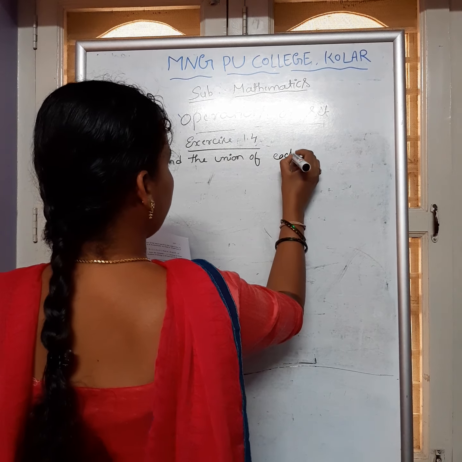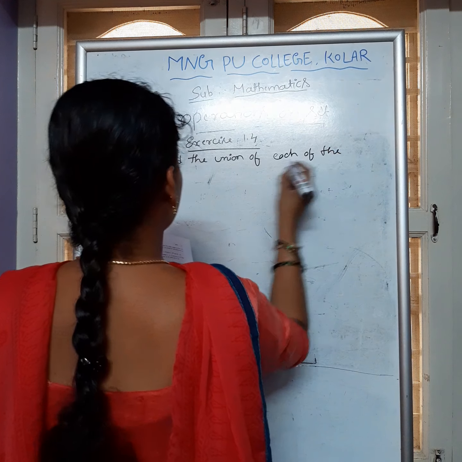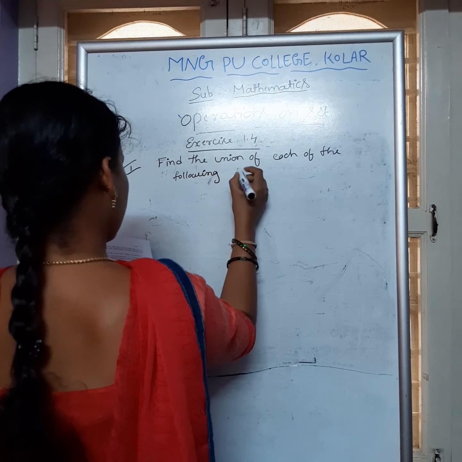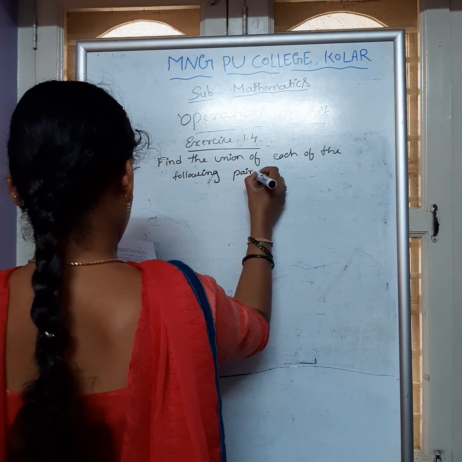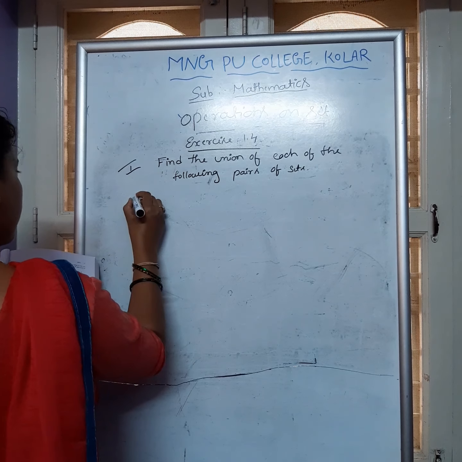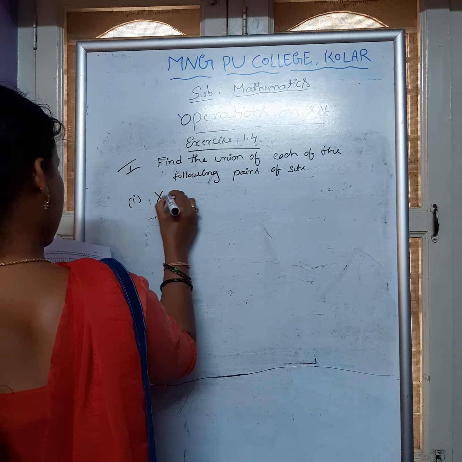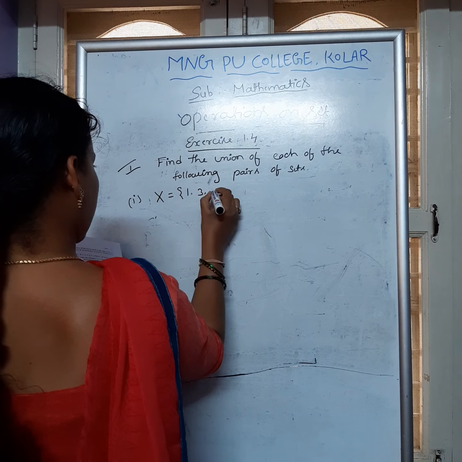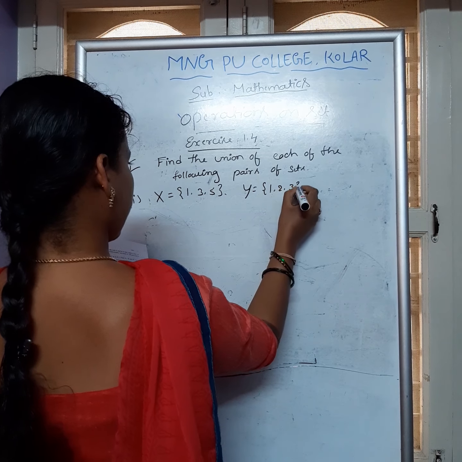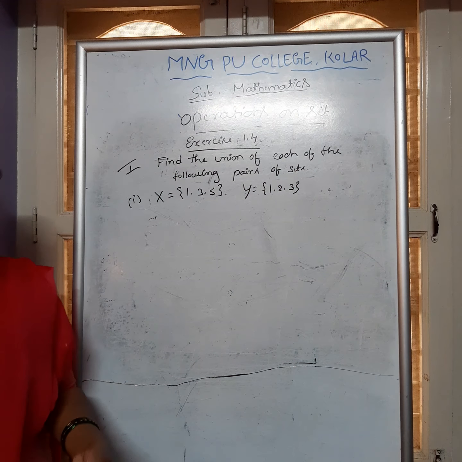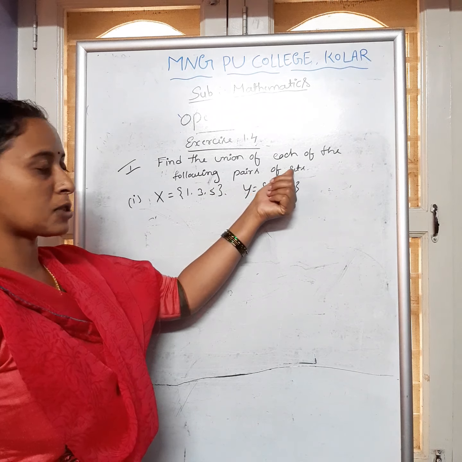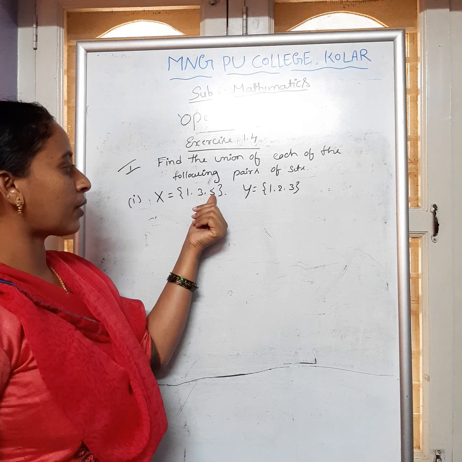Find the union of each of the following pairs of sets. In that, the first one: X = {1, 3, 5} and Y = {1, 2, 3}. What is there in this? Find the union of each of the following pairs of sets. Here the X elements are 1, 3, 5 and Y elements are 1, 2, 3.